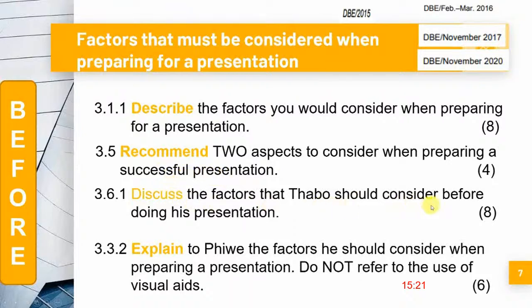Discuss the factors that Tabo should consider before doing a presentation. Explain to people the factors you should consider when preparing a presentation. So you see, this question comes up all the time. Actually, it's been asked from 2015 right up to last year. And this is where you gain your marks.